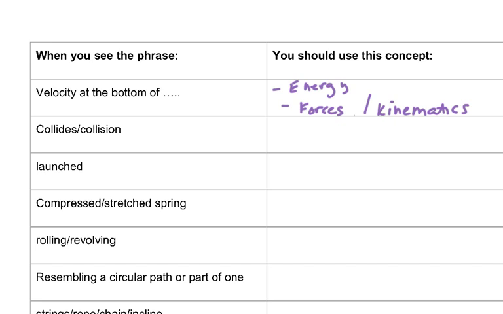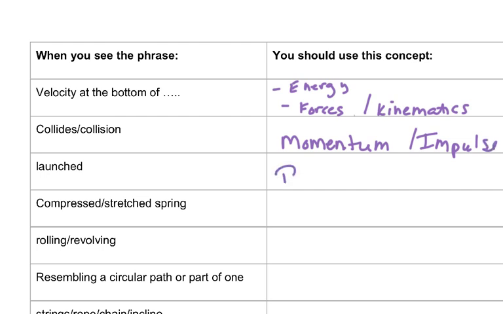But if you are doing a problem like on an incline or like a roller coaster, you're going to need some sort of combination of forces and/or kinematics, and possibly in the case of a roller coaster, some sort of circular motion. Collides or collisions is going to be a momentum or an impulse problem or a combination of the two.